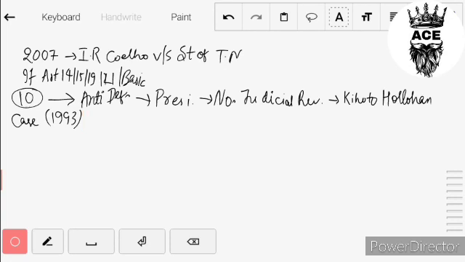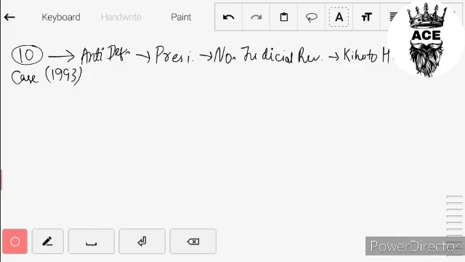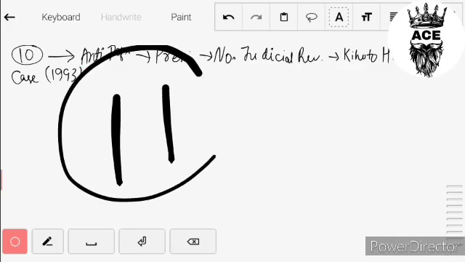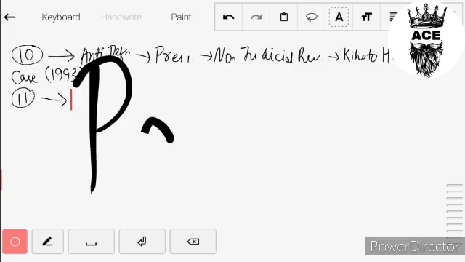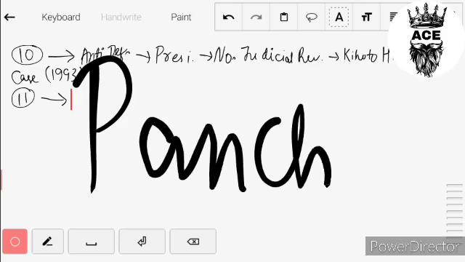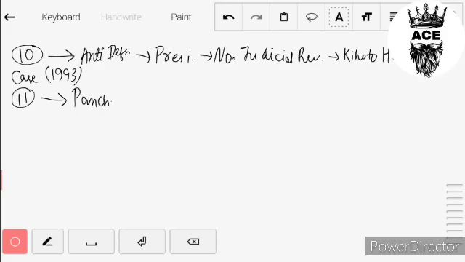So now it is under judicial review. Clear? So the 10th Schedule deals with anti-defection. Is it clear? Okay, then we will discuss the 11th Schedule also. The 11th Schedule deals with Panchayati Raj, very simple, and it is a very important article for Panchayati Raj.